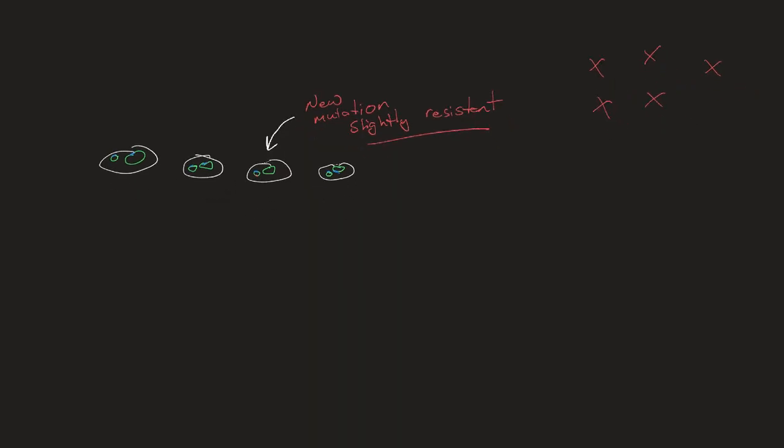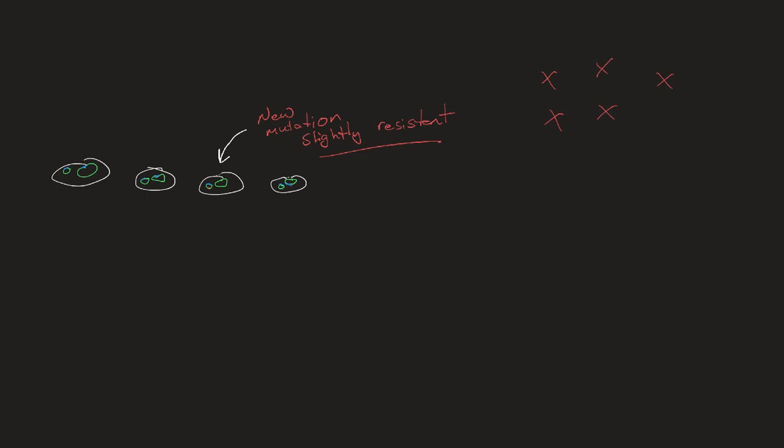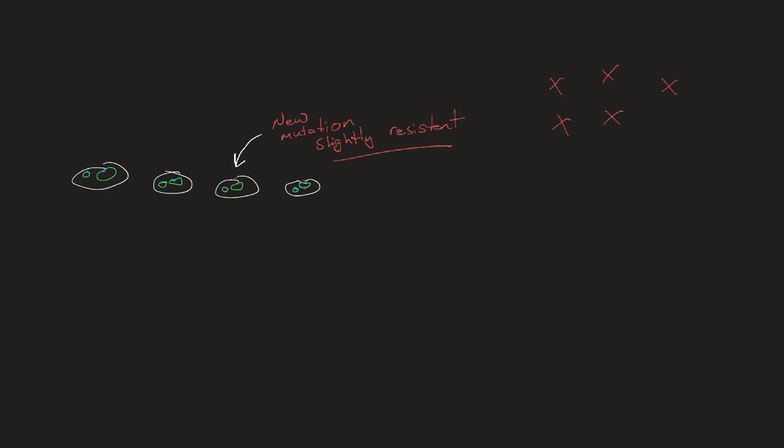What happens is that gene, in this case the red, that new mutation, makes that cell slightly resistant, meaning that it takes a higher concentration of the antibiotics to kill that cell than it would these others.